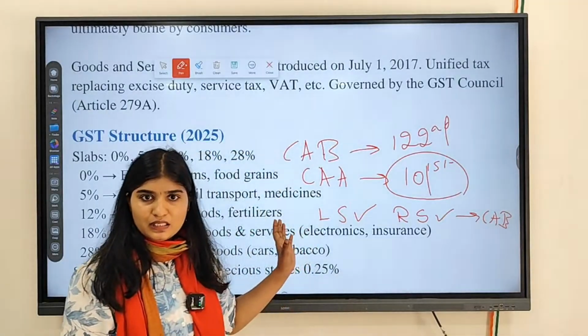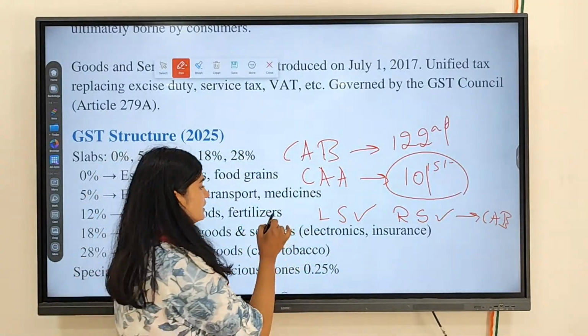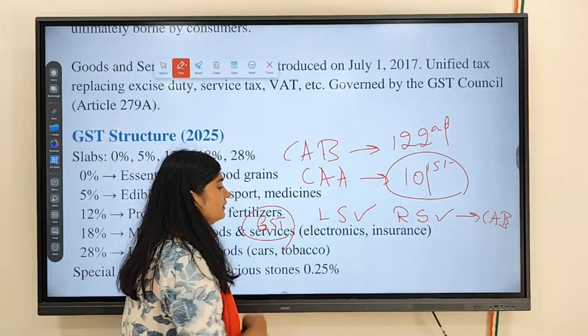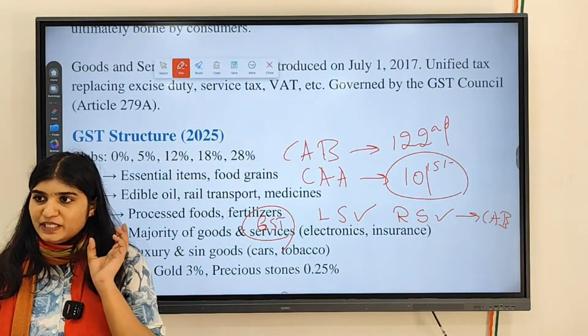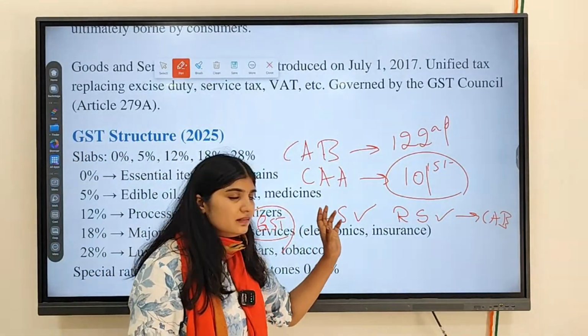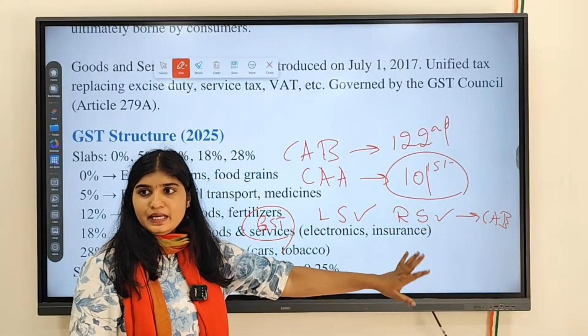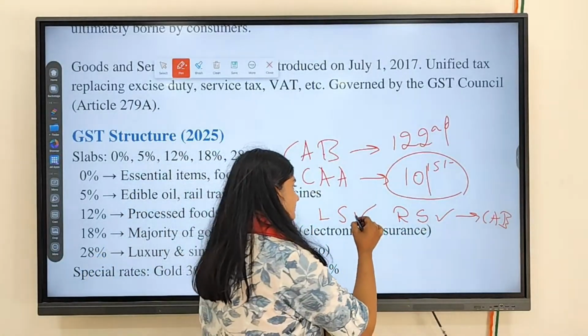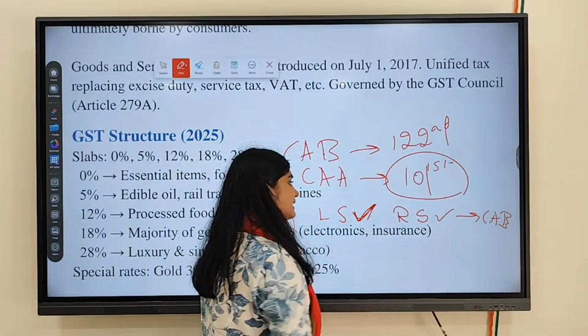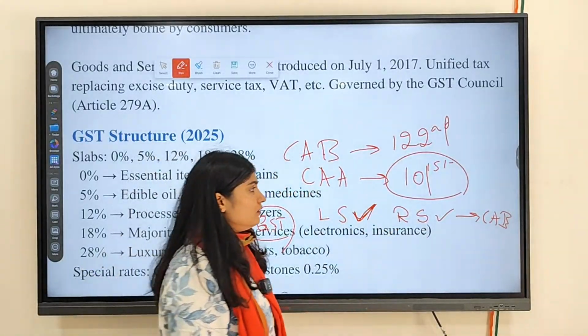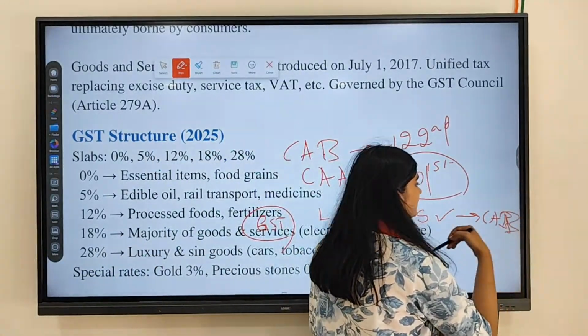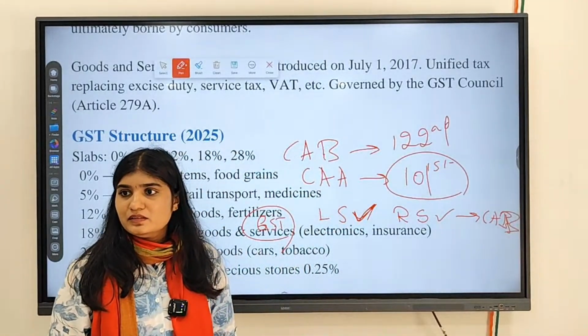Whatever the GST proposal, initially a minister will propose it in either of the houses. After passing in both the houses, till then it will be called the Constitutional Amendment Bill itself.